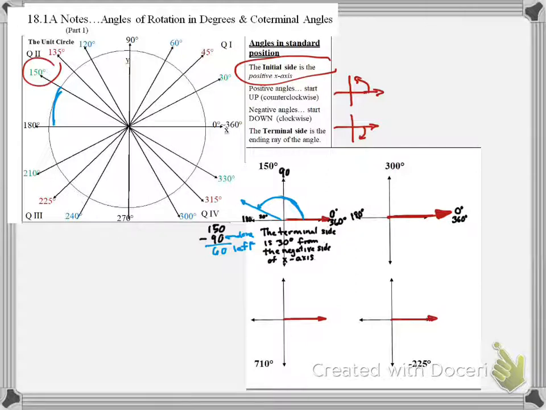I need to think about drawing my angle, which is just a big arc. I already have my starting side, and I'm going to say 90, plus 90 is 180, plus another 90 is 270. Let's get that smoothed out. But I need more than that.